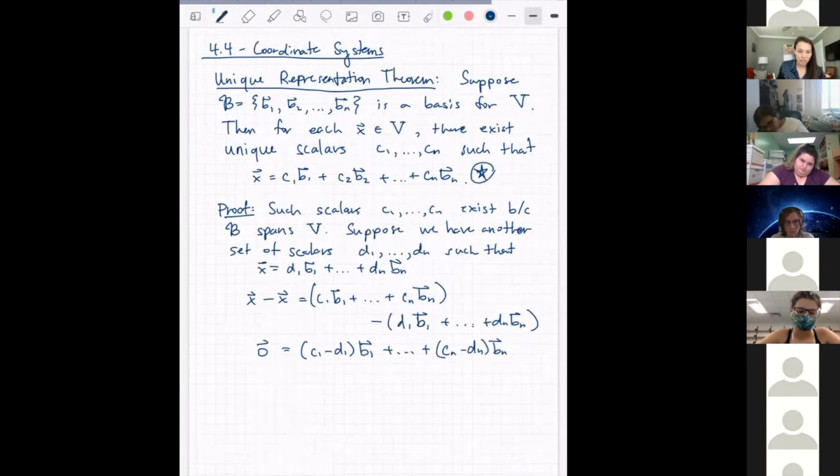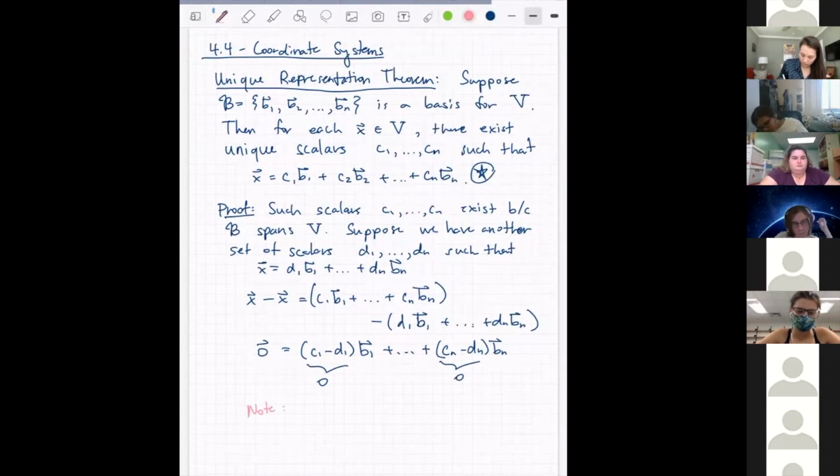And if this is equal to the 0 vector, we should have each of these scalars being 0, right? Oh, so since B1, B2 are all linearly independent, none of them can be the 0 vector, right? Yeah, exactly. That is an important point.